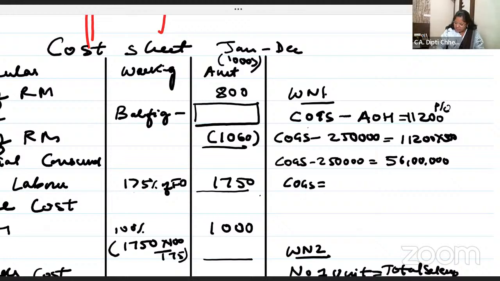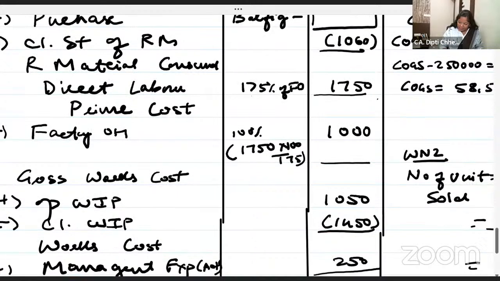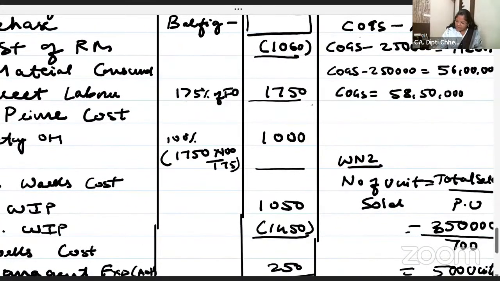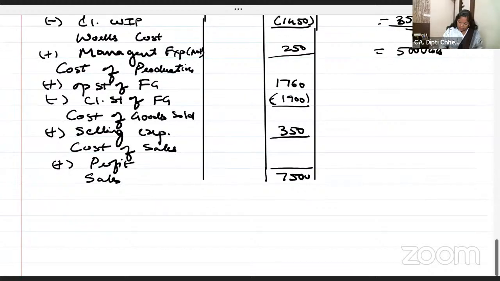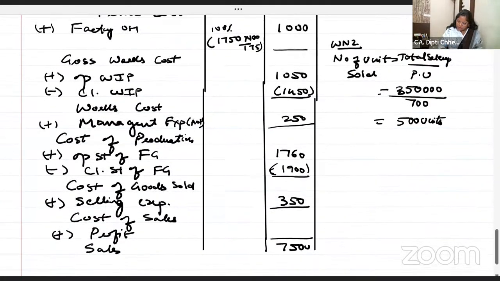So can we get COGS as 58 lakh 50,000? 58 lakh 50,000, and if you take it in thousands, you can write it as 5850. Now, come to the main cost sheet. What is the cost of the goods sold?